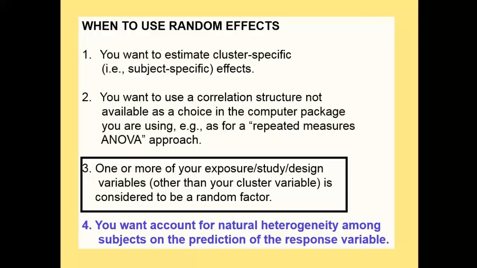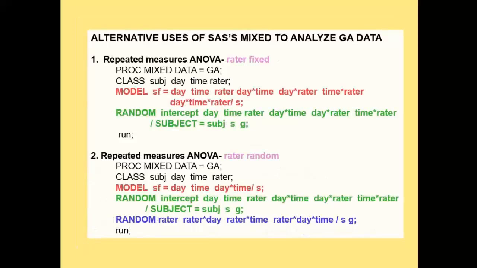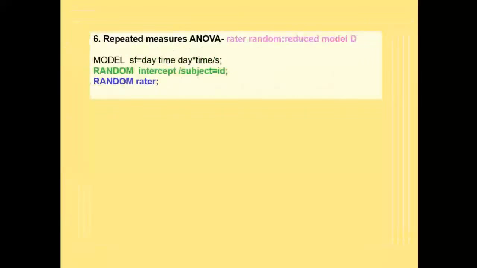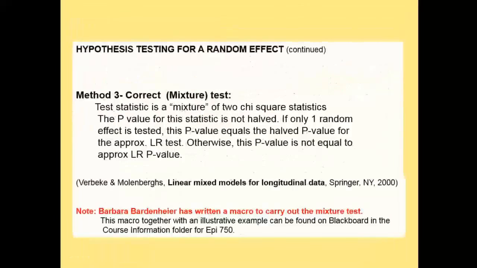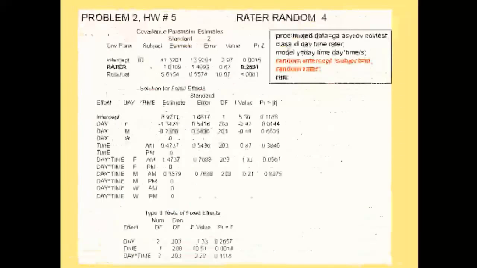But if one of these variables is considered to be a random factor, then things get more complicated on how to do that. There's a program that does this, but you've got to think about how you're going to do it. I've got all these program statements on how to do it, and there's a lot there. So let's skip this and get to this.